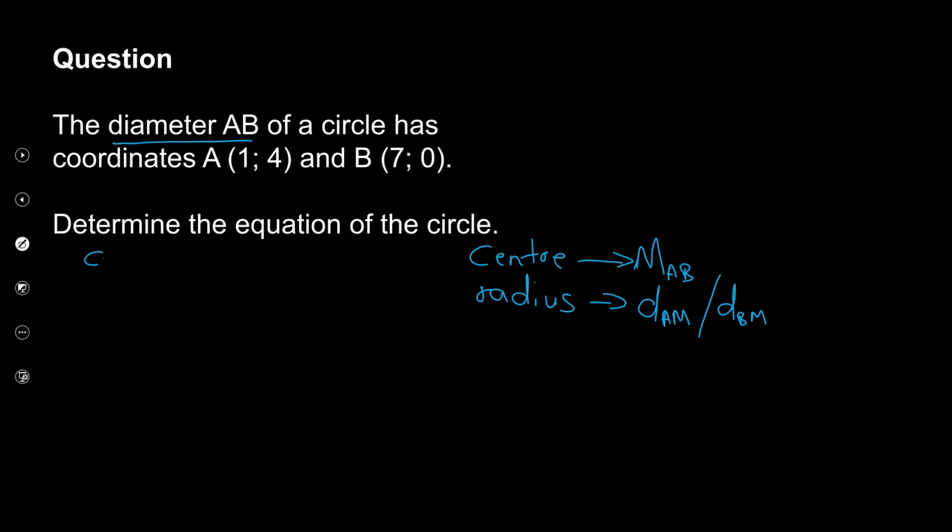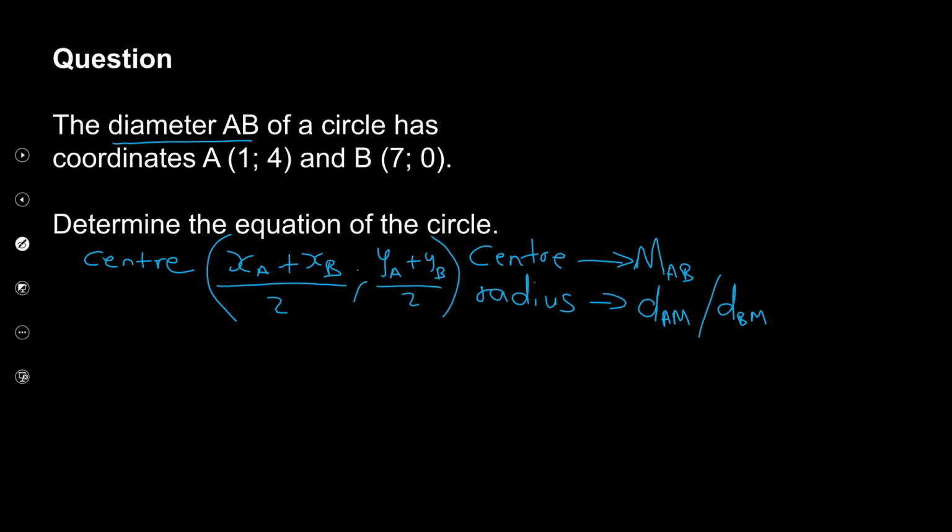To find the center, I know this will be x at A plus x at B divided by 2, and then y at A plus y at B divided by 2.